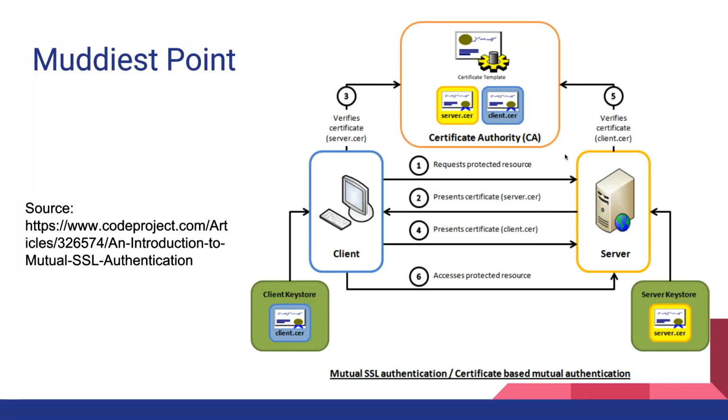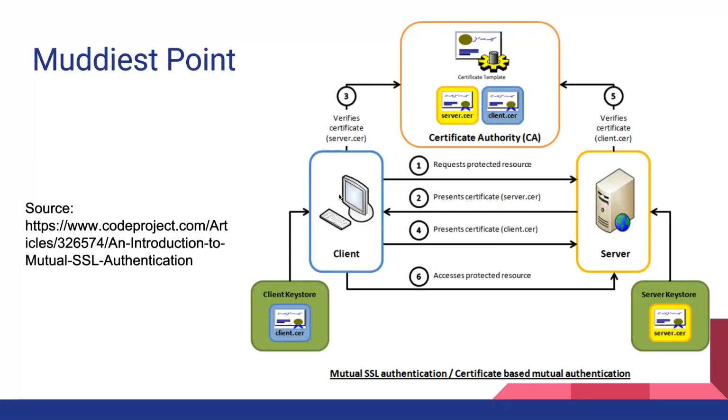So the server doesn't give the resource right away. It could be the client was requesting user data, and the server says, okay, before I give you my user data, please present a certificate, right?